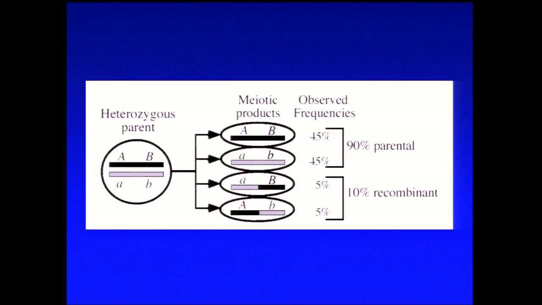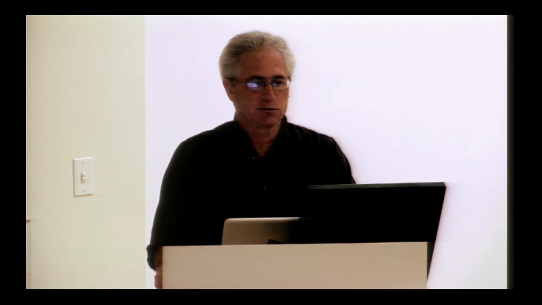And so when you see the non-random distribution of traits in the progeny of a cross, you can begin to make conclusions about where the genes that underlie those traits are relative to each other.